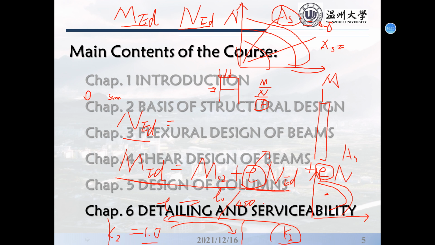After chapter 5, what we have learned is flexure beam design and the shear design of the beam, and also the column design, right? Flexure, shear design, and the columns. Students may feel, yeah, it's so difficult.